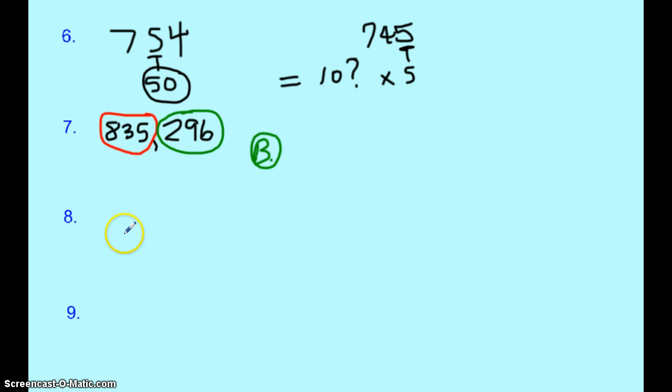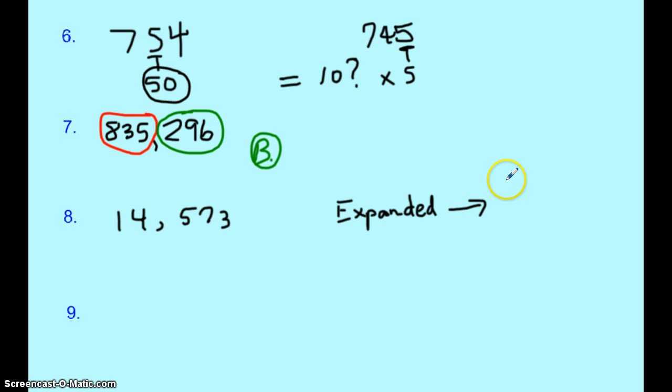Number 8. What is the expanded form of 14,573? So if we write that number down, 14,573. Again, expanded form is listing by place value.